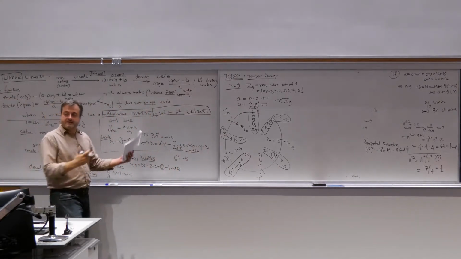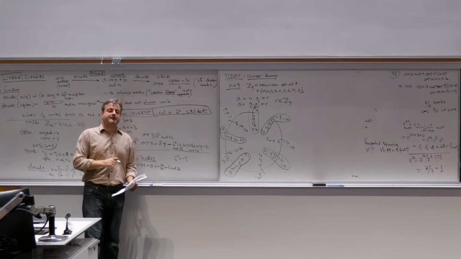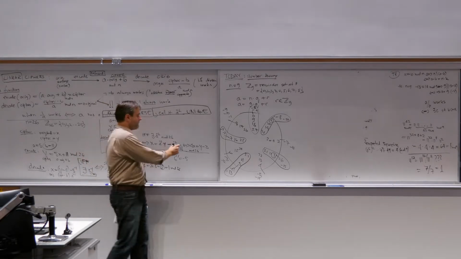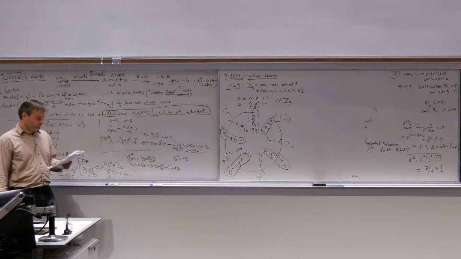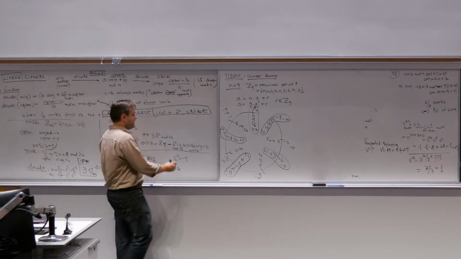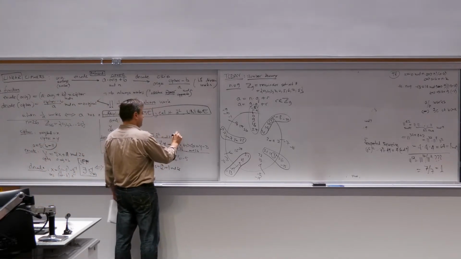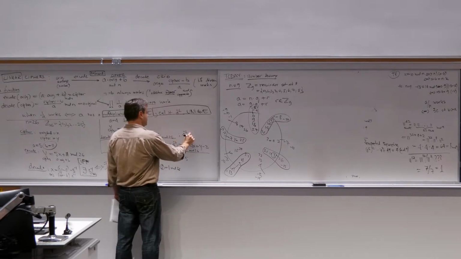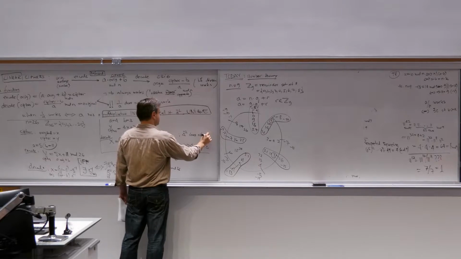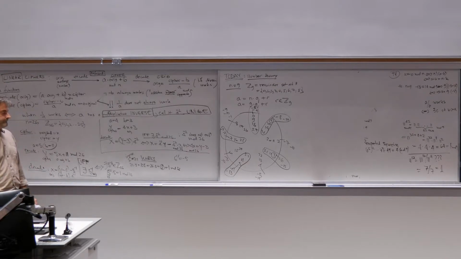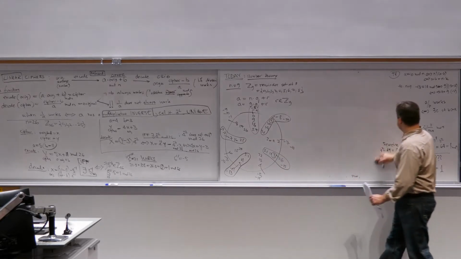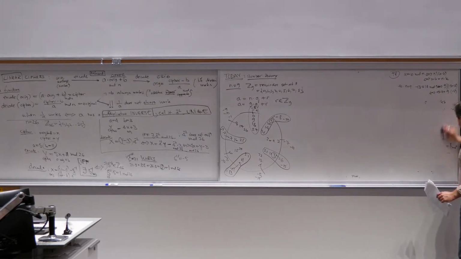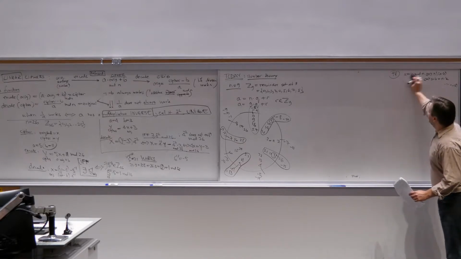Is this possible or not? No. Why is it not possible? 4 to the minus 1 does not exist. So the conclusion is that 4 to the minus 1 does not exist modulo 26. This cipher would not work because 4, which is my A in there, has no inverse that I could use.